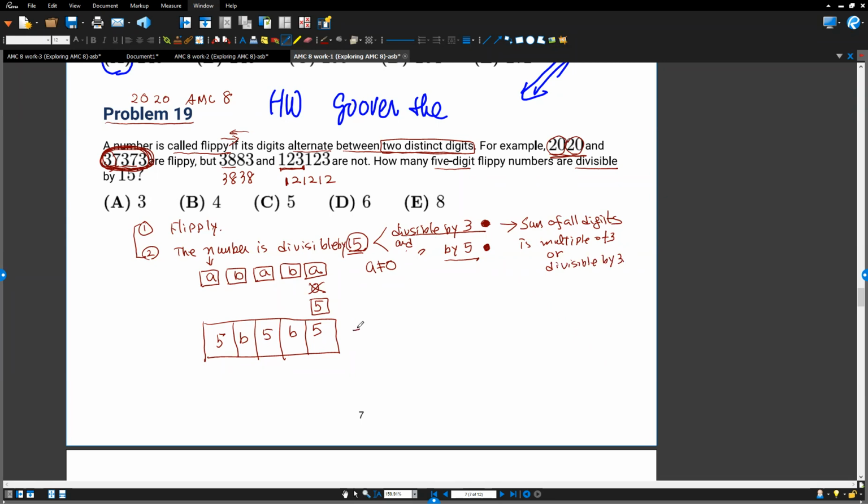What is the sum of all digits? 5 plus B plus 5 plus B plus 5, which is 2B plus 15, and that should be a multiple of 3. Last time, I remember I told you about modular arithmetic, the remainder operation. Do you remember remainder operations?